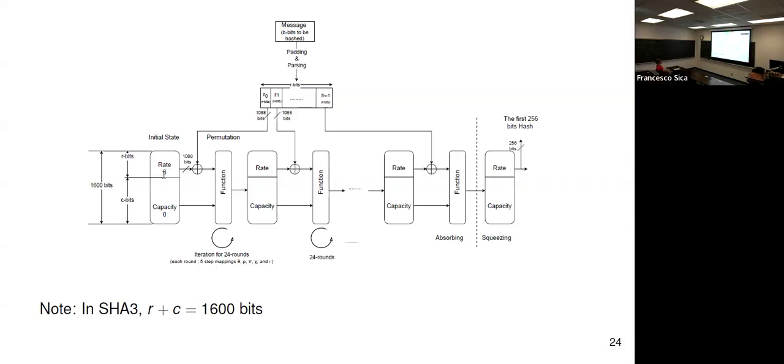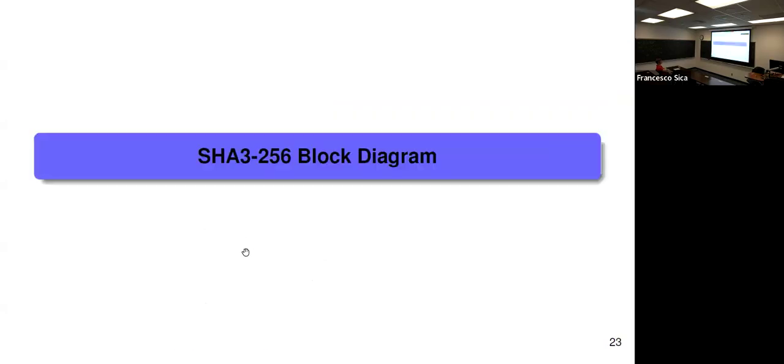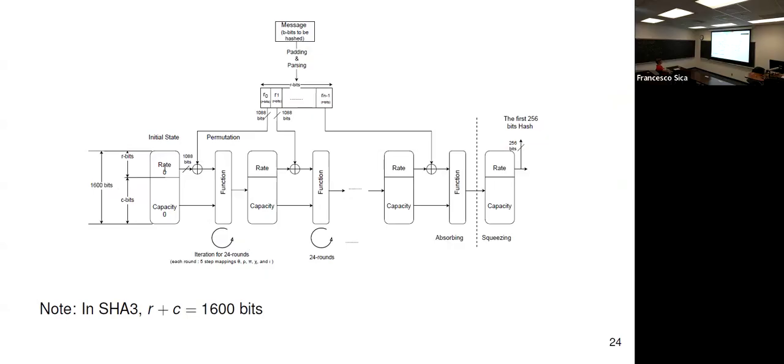At the very beginning of the process, our state array will be initialized with all zeros. The first rate will be all zero, and then will be XORed with the first block of the message, and then it will be given to the function to do the 5-step mappings. It will be repeated for 24 rounds inside this function.